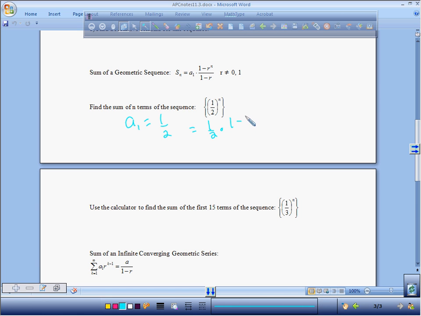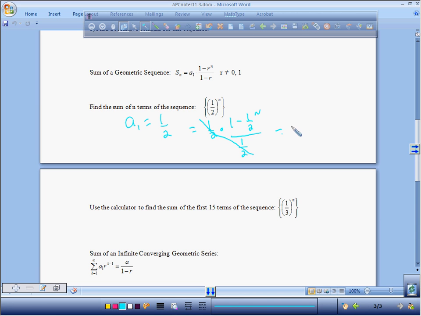What am I multiplying by each time here? 1/2. So 1/2 times 1/2 raised to the n, over 1 minus r, which is also 1/2. What's 1 minus 1/2? 1/2. And you can do this. Did you know you could do that?